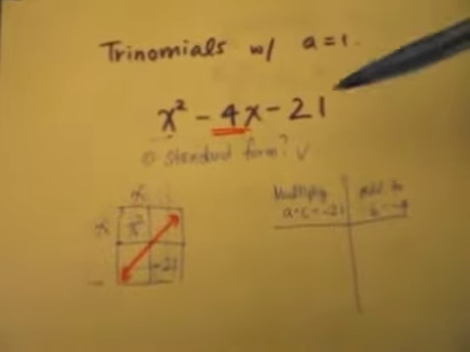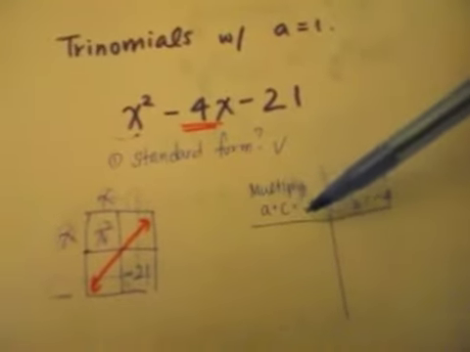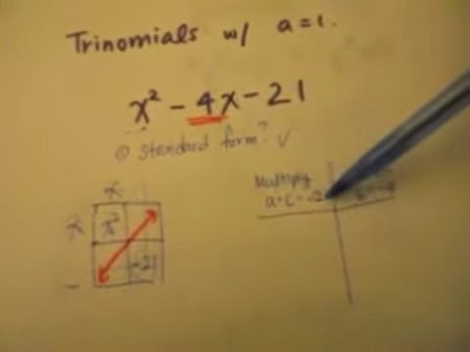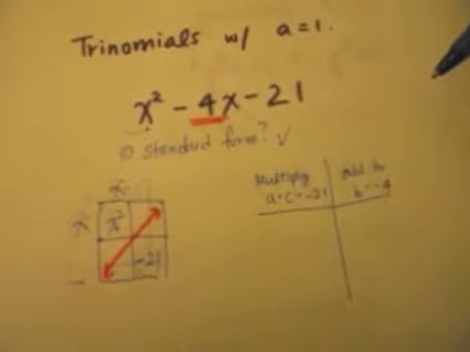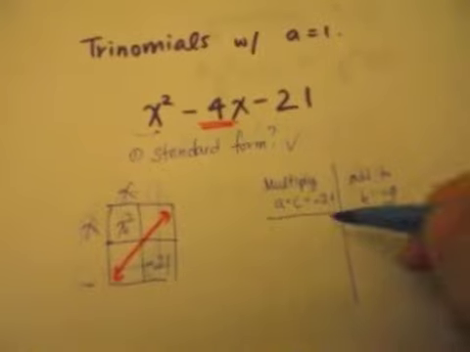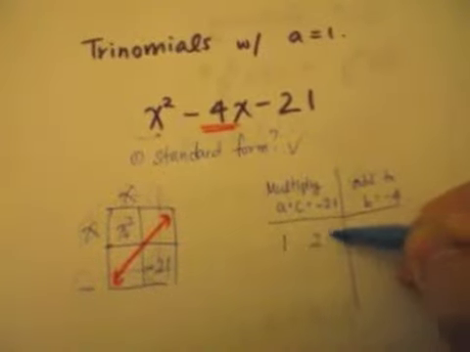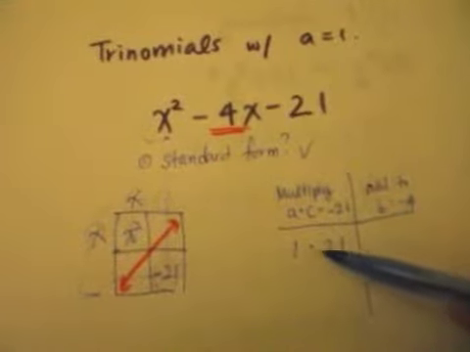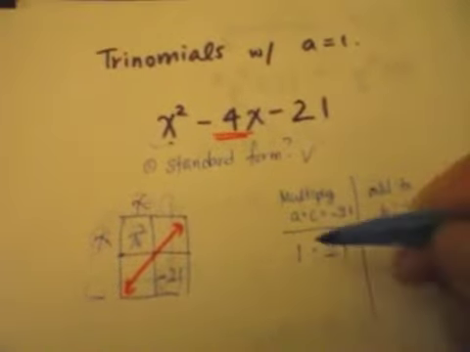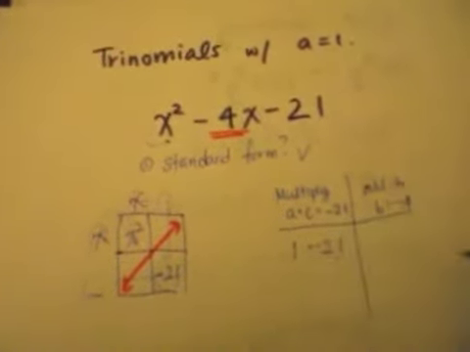Alright, so now you're going to play around with the numbers here. You have to make sure it multiplies to negative 21 and adds to negative 4. So you might come up with 1 and 21. Oh wait, 1 times 21 gives you positive 21, so I have to make sure one of these is negative.